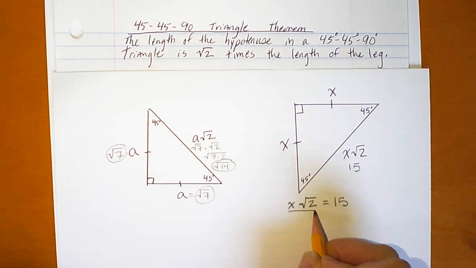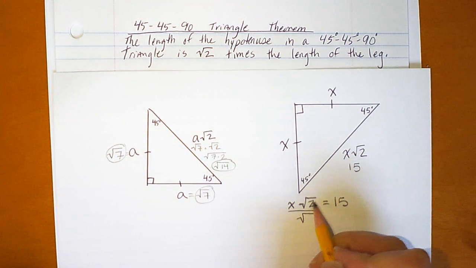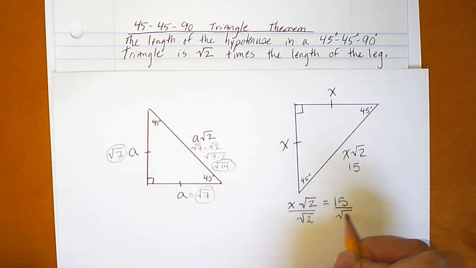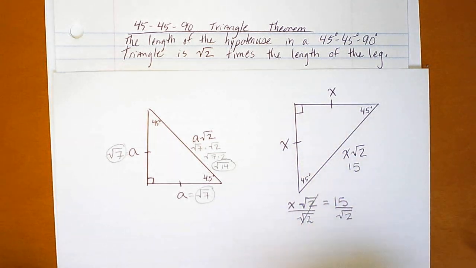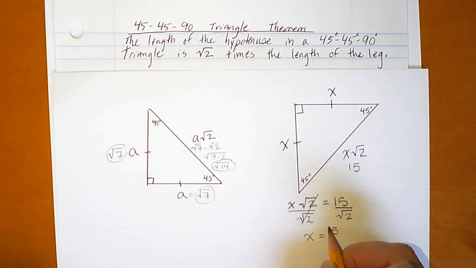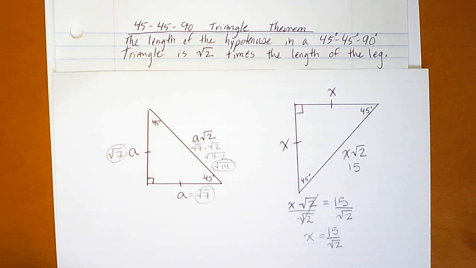To do that, I'm going to divide both sides by this radical, root 2. And that will cause the variable x to be alone on one side. And on the other side, we're going to have 15 divided by the square root of 2. But in mathematics, we can't have a fraction with an irrational radical in the denominator.